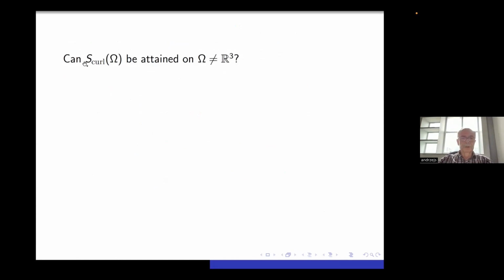So now the question is, can S curl omega be attained on omega, which is not equal to R3? Well, we conjecture it cannot. Recall that for the Sobolev constant, this is not the case. S of omega is attained only on Rn.